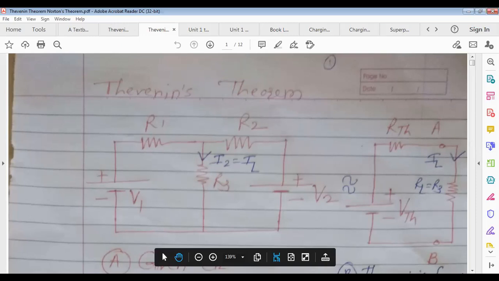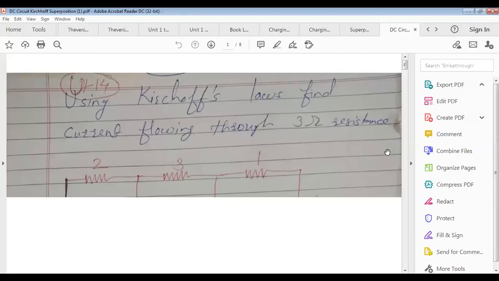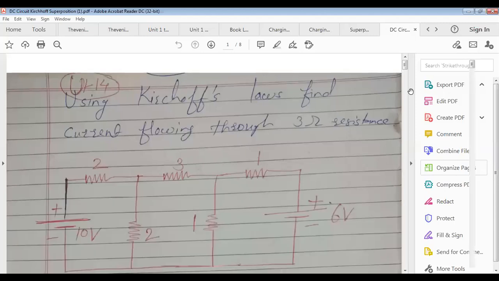Superposition, we conducted one more, no? So this, 1 minute, it's opening.